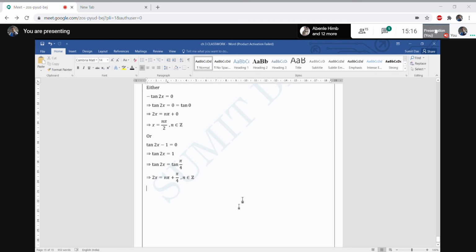Oh, sorry, it is not completed. After that, you have to find the x value. We found 2x, right? So next we have to find x also. x equal to n pi by 2 plus pi by 8.